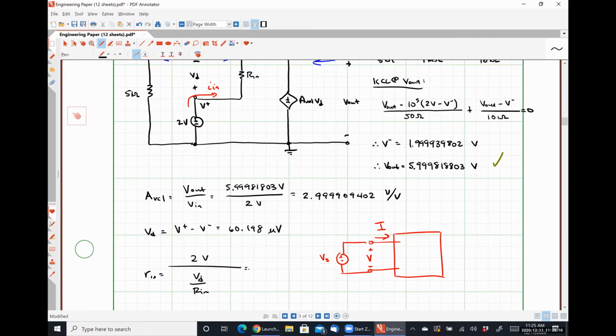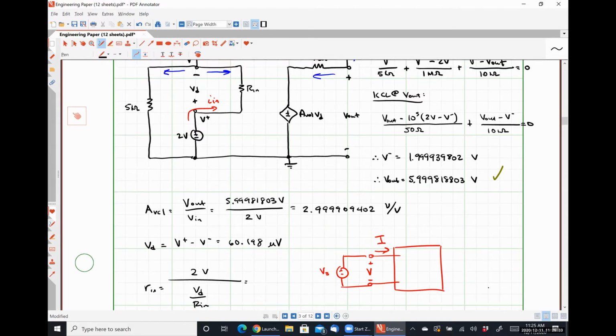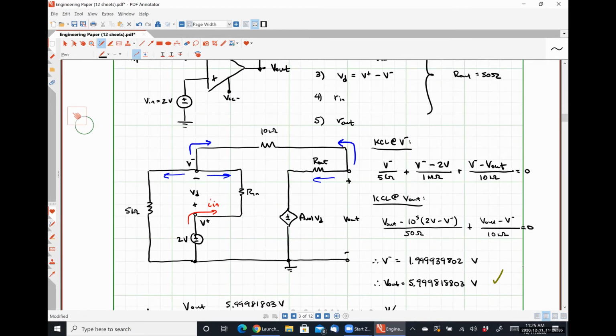Okay, let's see. Let me store this as a variable. All right, so I have 2 divided by VD, which is 60.198 microvolts, and that is divided by Rn, which was 1 mega ohm, right?